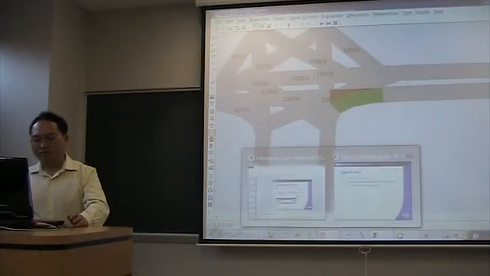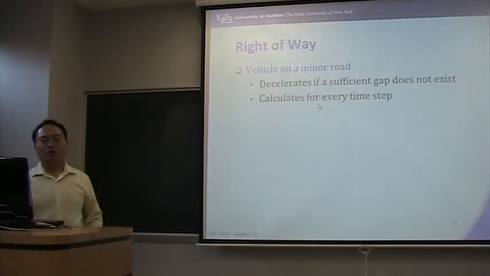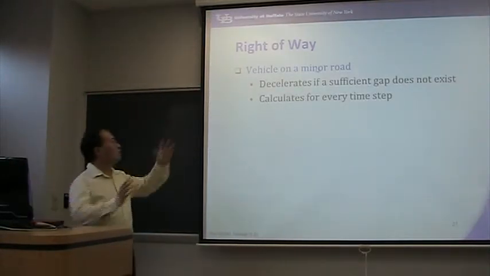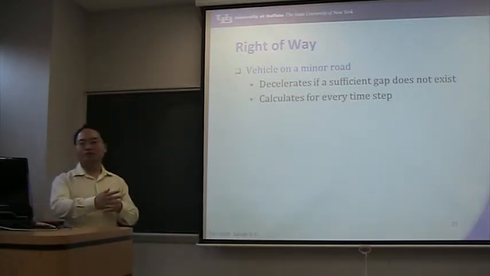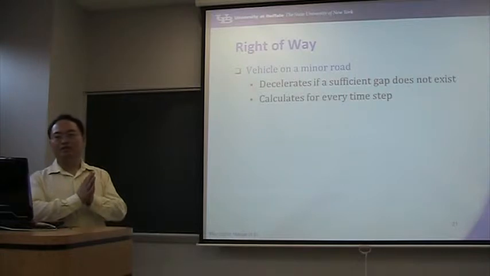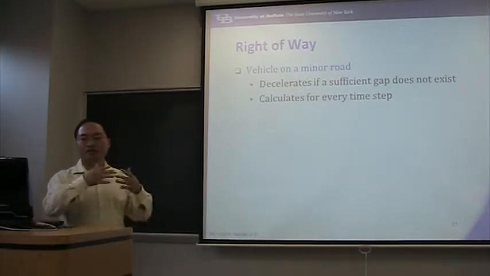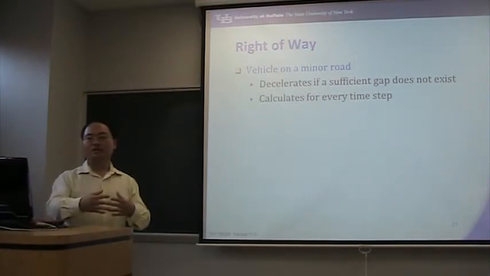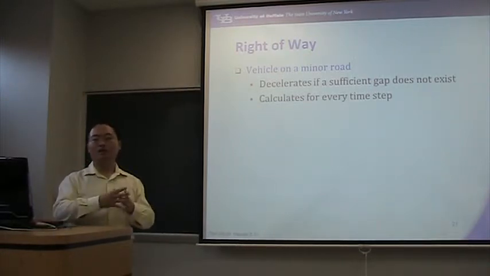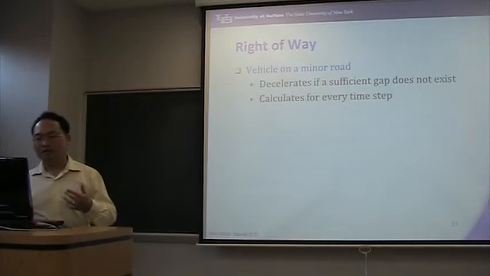Let me introduce one thing. For right of way, if a vehicle is on the minor road, it will decelerate if there is no sufficient gap. But this is recalculated for every time step. So if it is decelerating in this time step, but in the next step it finds a sufficient gap, then it will stop decelerating.